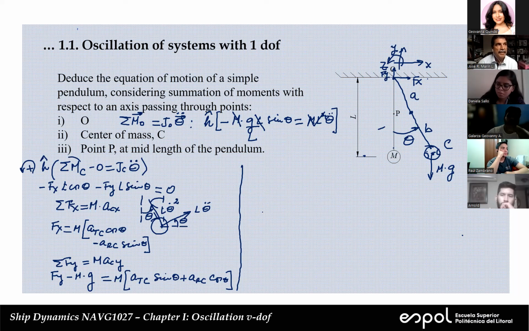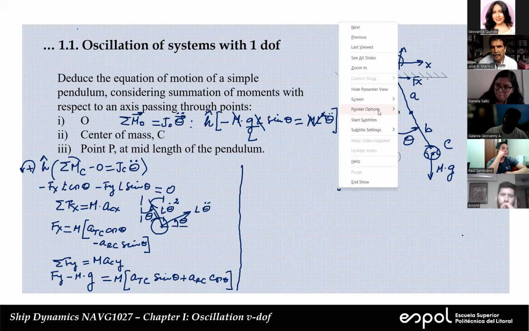I'm not going to do it in detail, so after class you have to make some effort. Let me change color, just in case.